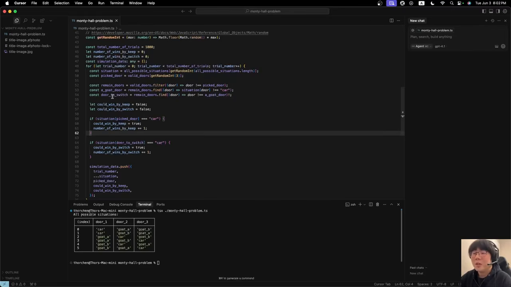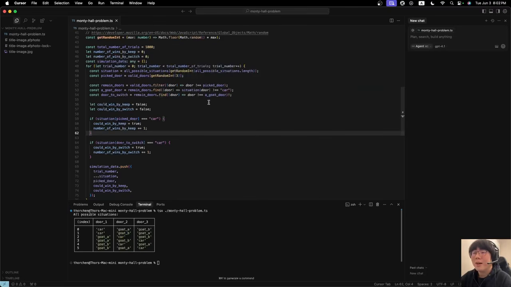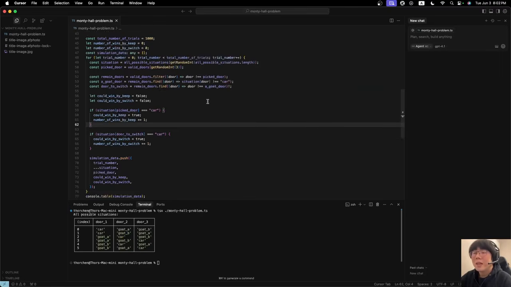And then we can find the door to switch to, which means from the remaining doors other than the one the host already opened, the closed door is the one that we can switch to.